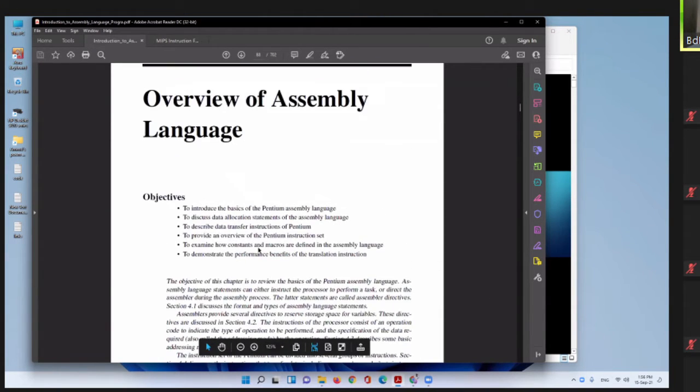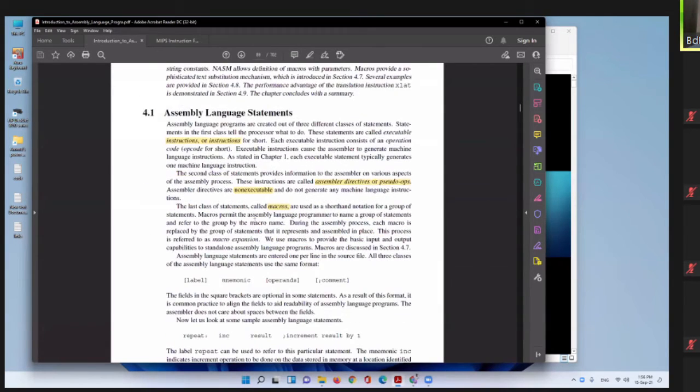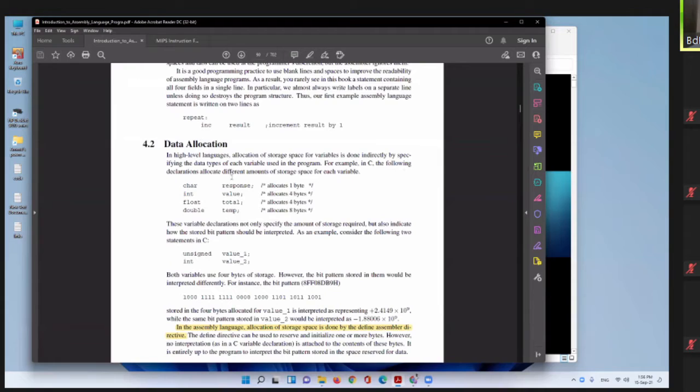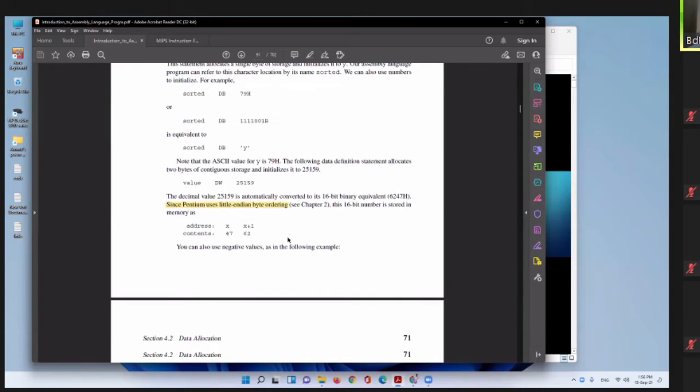After that, we have discussed the longest chapter, chapter number 4, where we do our coding for the Pentium processor. We have discussed the assembly language statement, different types of data allocation, and the 5 types of define directives.